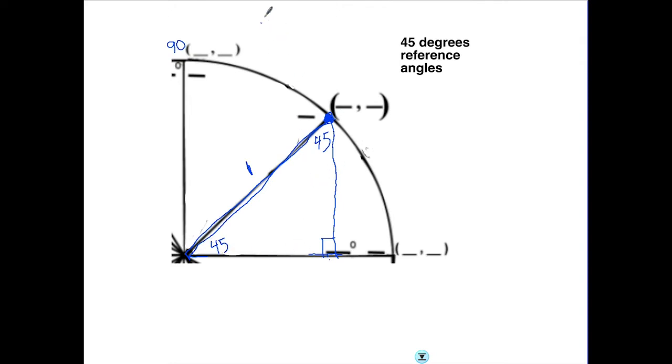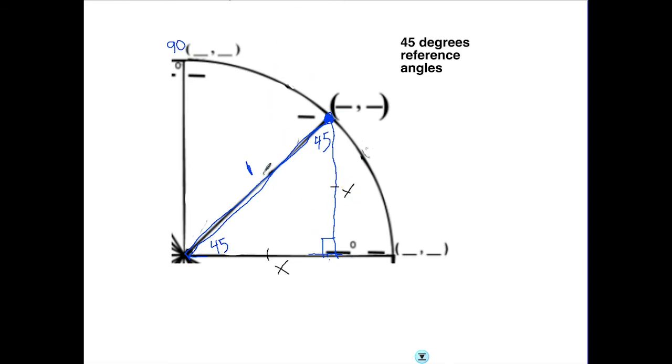And here's what we know from last lesson, is that in special triangles, this and this side, the adjacent and the opposite side, let's call this y. This is cosine and sine, and these values are the same length.